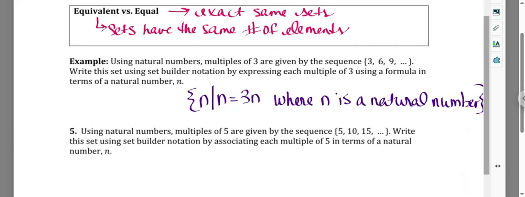So what would that look like if we're dealing with the multiples of 5? Again, roster method, 5, 10, 15, and the ellipsis to continue that.